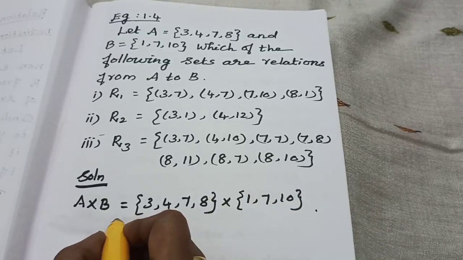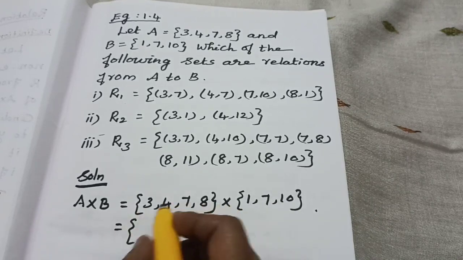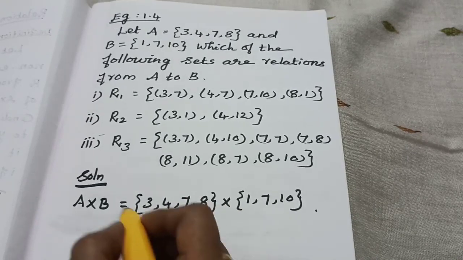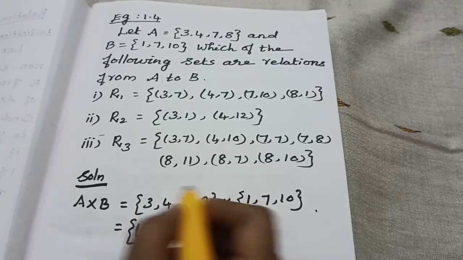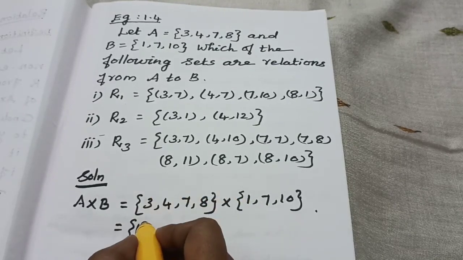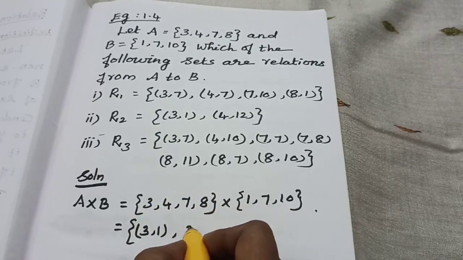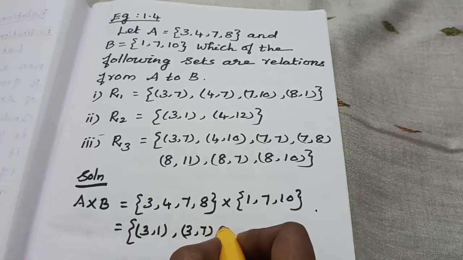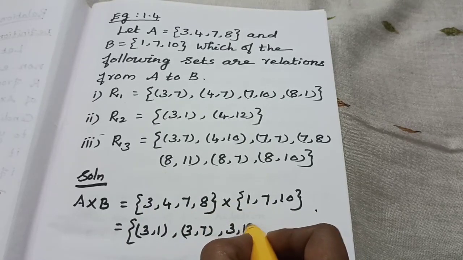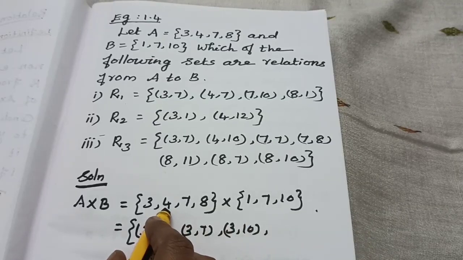Then how can we find the set of ordered pairs? We take the first element, and then (3, 1), (3, 7), (3, 10). Then again 4 we have to take.